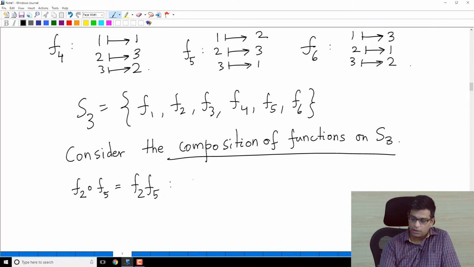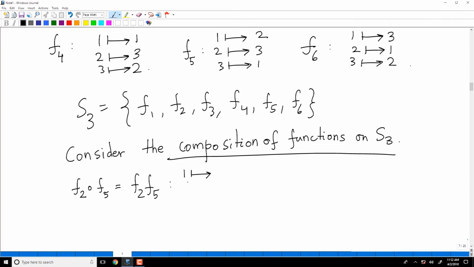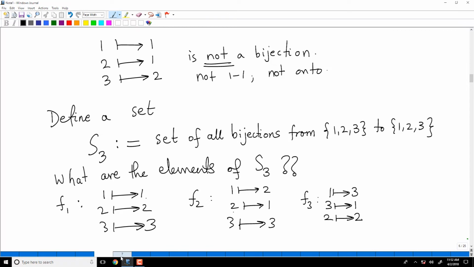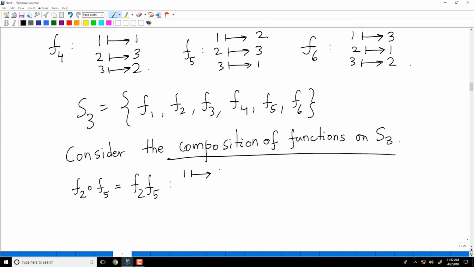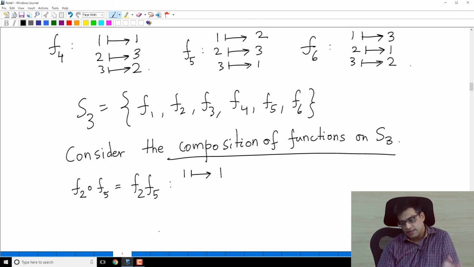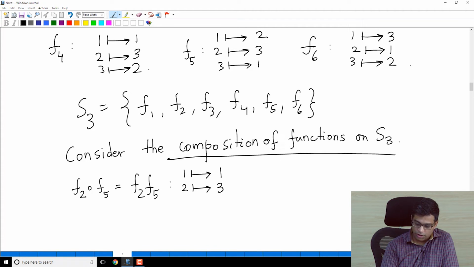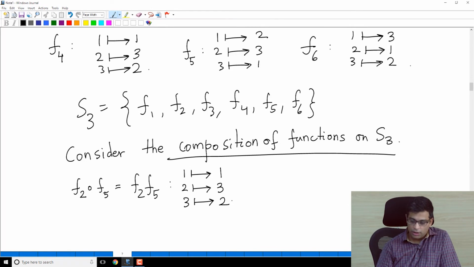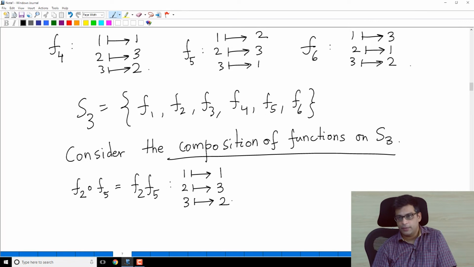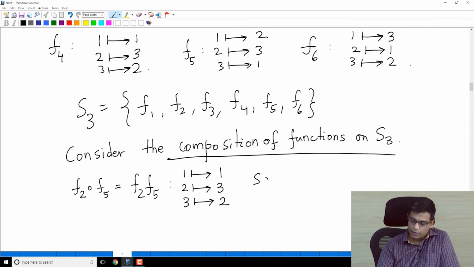F5 sends 1 to 2, and F2 sends 2 to 1. So, F2 composed with F5 sends 1 to 1. Similarly, 2 goes to 3 under this and 3 goes to 2 under this. And if you look back at the list of elements we have listed in S3, this is the same as F4.